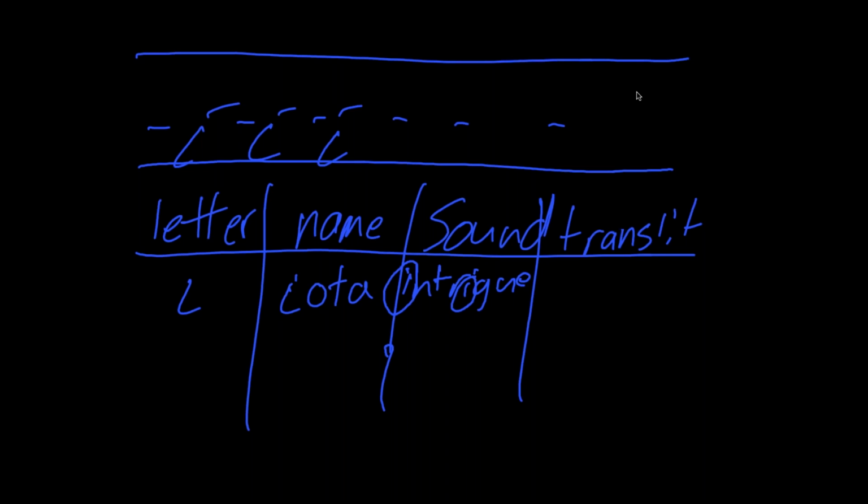Intrigue, usually the long E part is going to be most of the time whenever it's near the end of a syllable. For example, in its name, E, O, Ta. That's a syllable. That's a syllable.